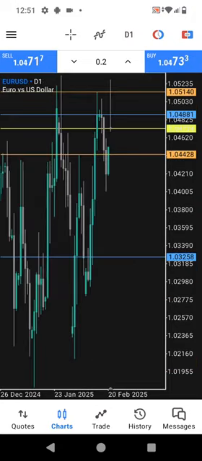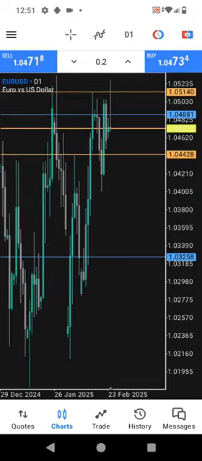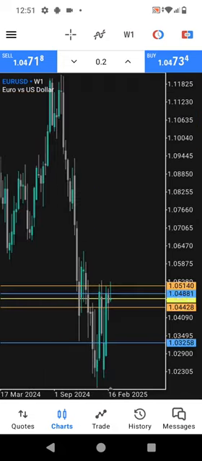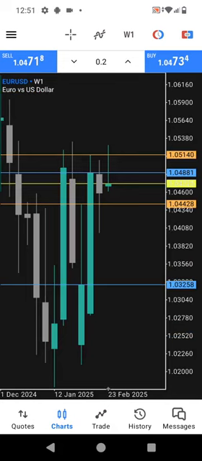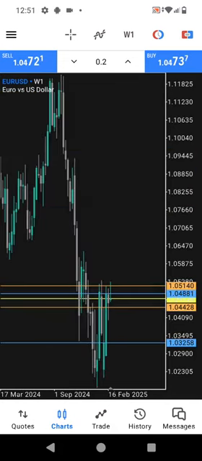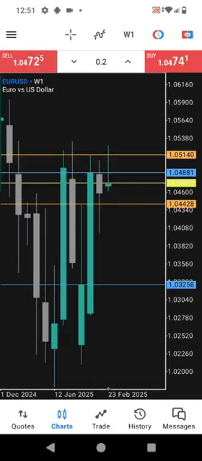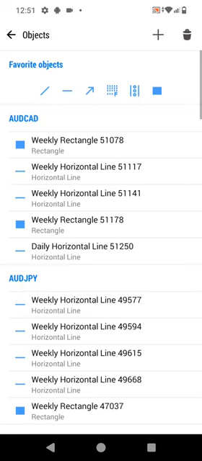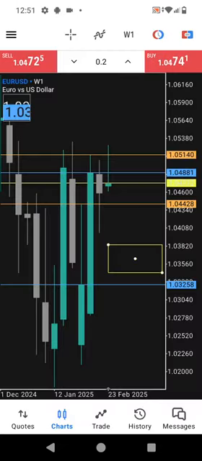Euro USD. These things have been having a lot of movement today. Let me draw something here.